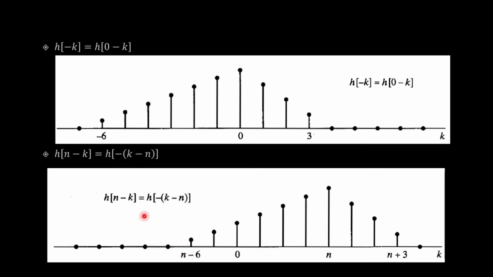Whatever the value of n is, we just put in the value of n and calculate the sample positions. That's not the exact interpretation of the convolution sum; it is the way to figure out what h[n minus k] will be. Then we put this h[n minus k] into the convolution sum formula and calculate the output.